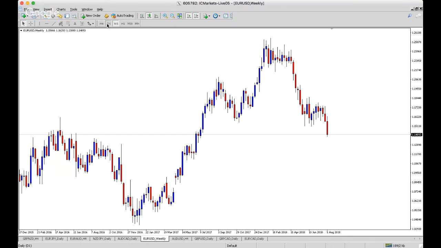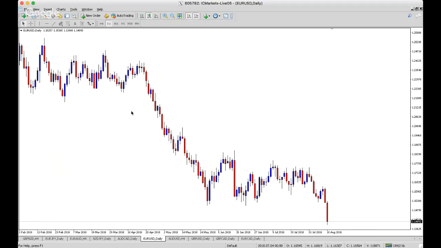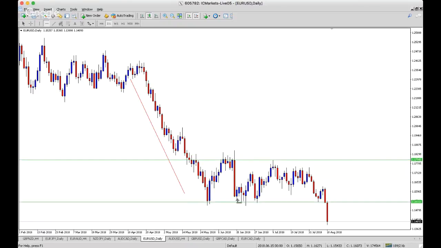We look at the daily. The first impulse wave is here. Impulse wave going down, and then the market starts consolidating around here. So there isn't any setup that we can take, but now price has broken down below the previous support. So there is a setup that you can take.